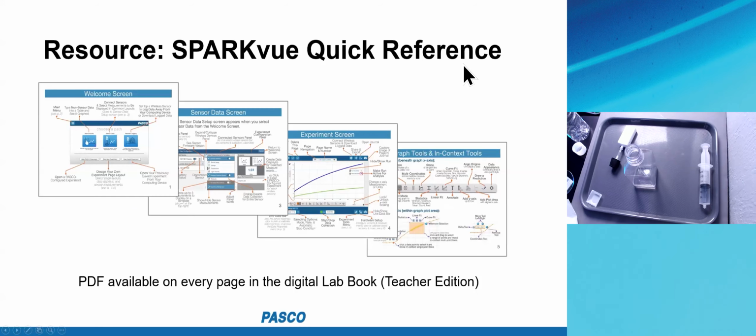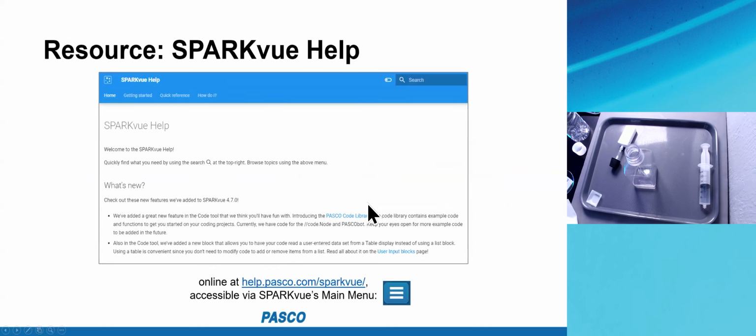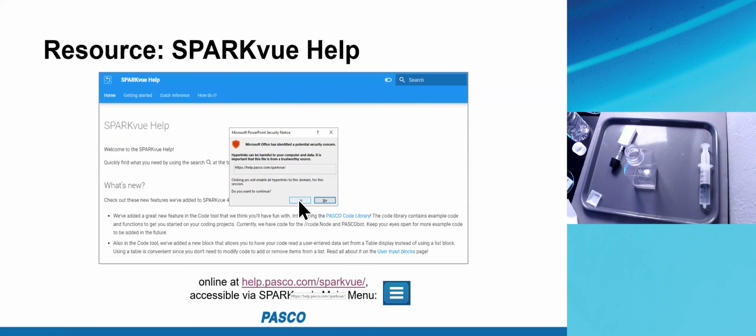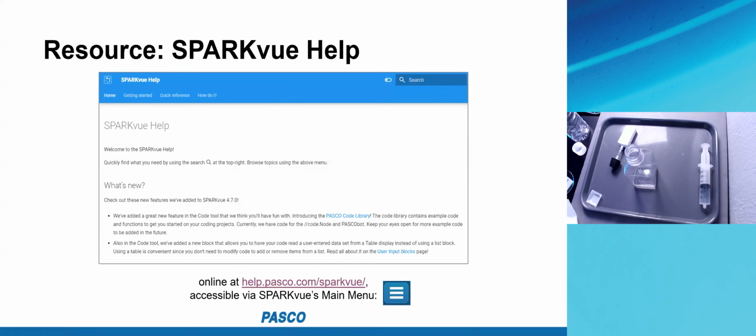I talked about the quick reference files and the references in the shared files. You'll find we keep updating this because we get more and more stuff in SPARKvue and keep track of it. SPARKvue help. If you go to help.pasco.com/Sparkvue, and I'm going to put that in the chat, it goes specifically to the help.